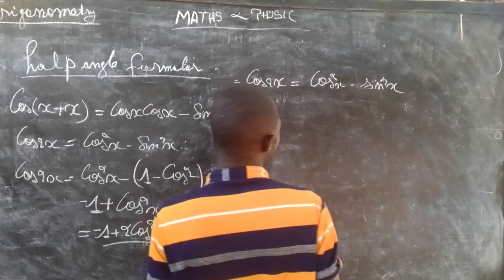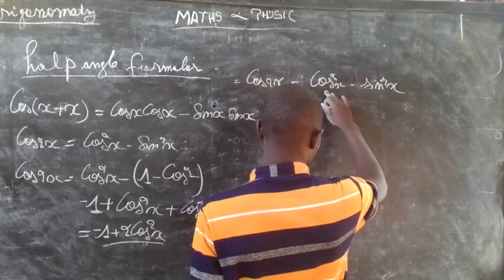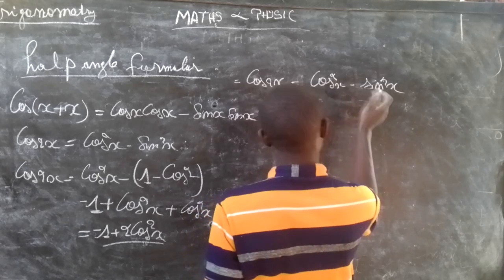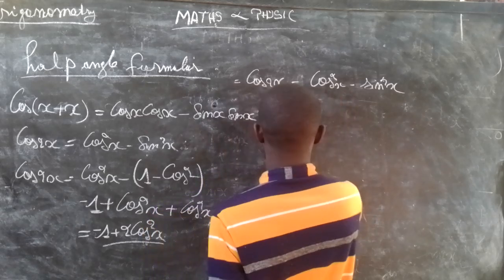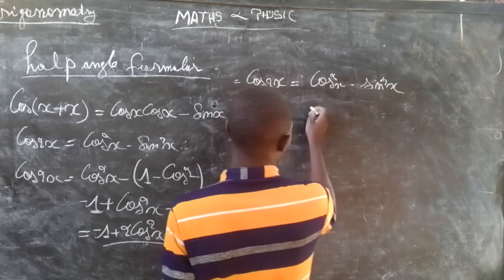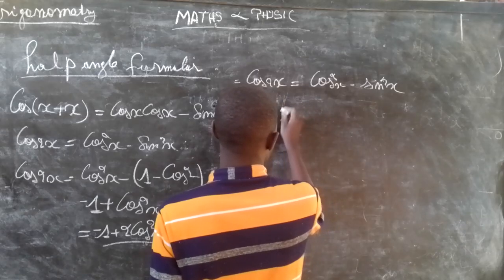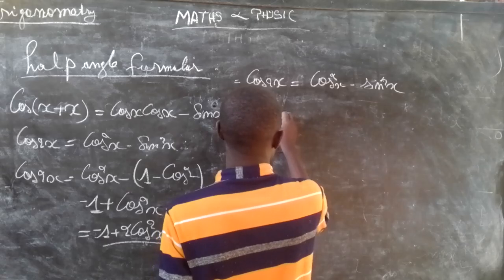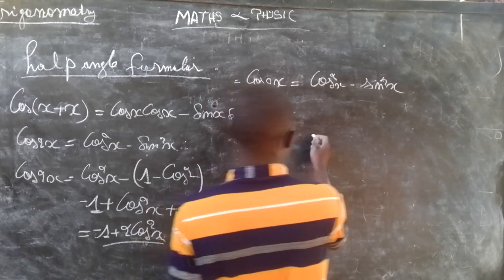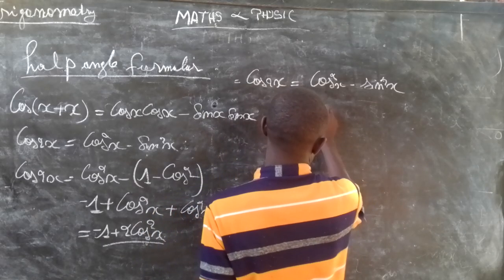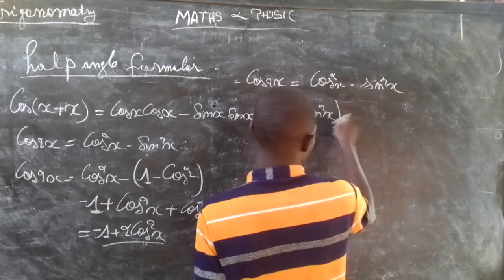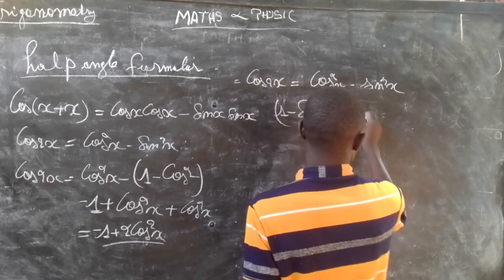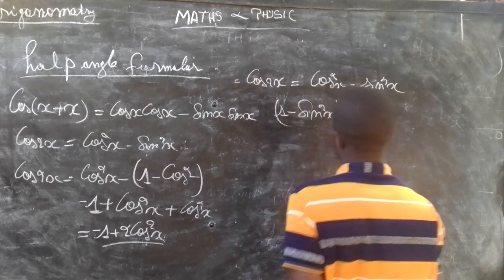Instead of writing this cosine square, we will write 1 negative sine square. So let's go. Here we have a cosine, here we have 1 negative sine square x minus sine square x.